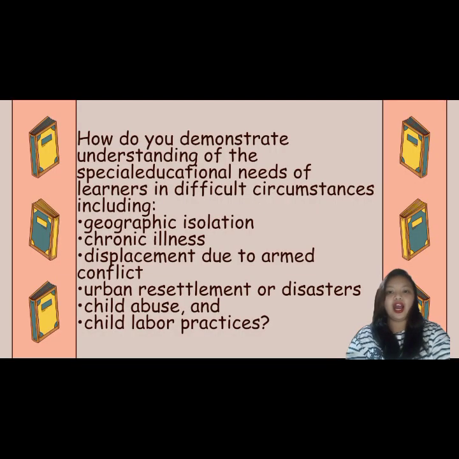Number 3, how do you demonstrate an understanding of the special education needs of learners in difficult circumstances, including geographic isolation, chronic illness, displacement due to armed conflict, urban resettlement or disaster, child abuse, and child labor practices?